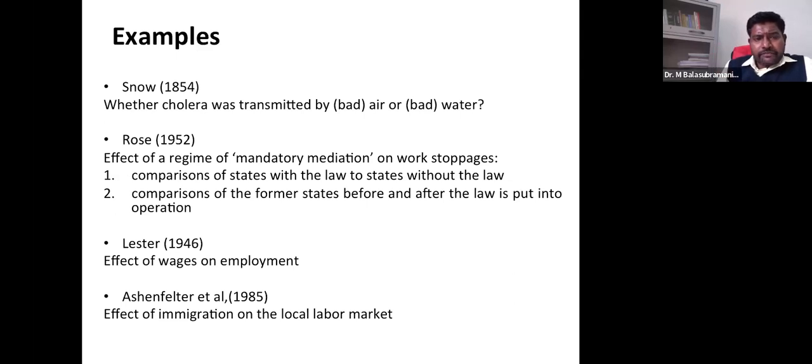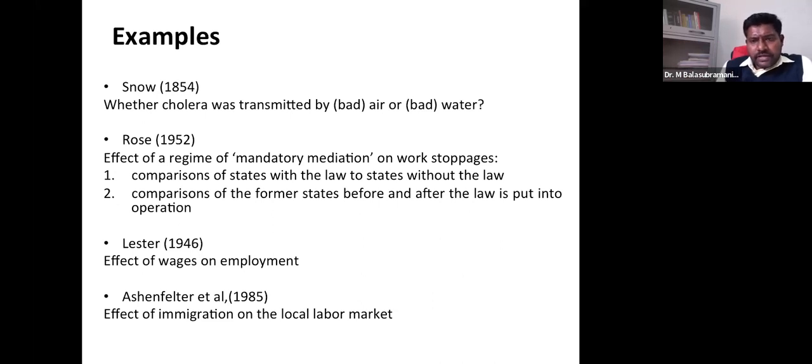Then Rose in 1952 and Lester in 1946. Lester studied the effects of wages on employment in the labor market: how higher and lower wages, with and without, influence the migration of labor. He found this through his studies.